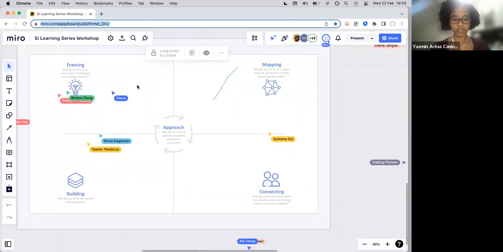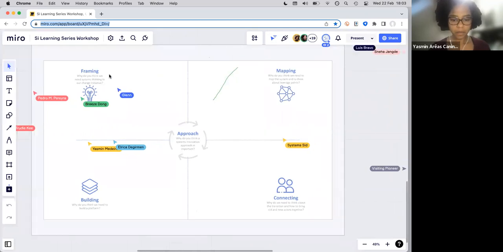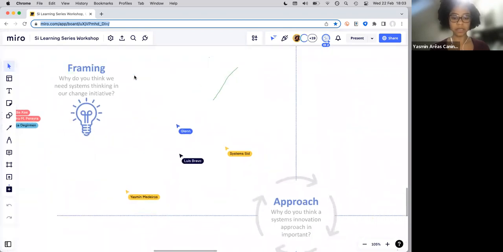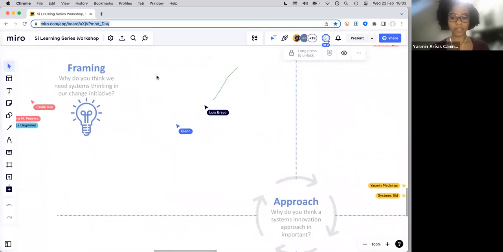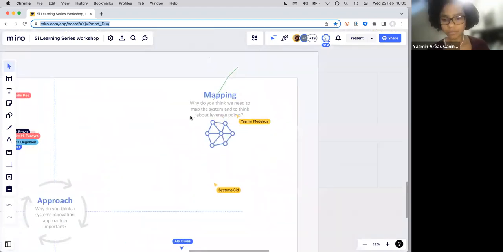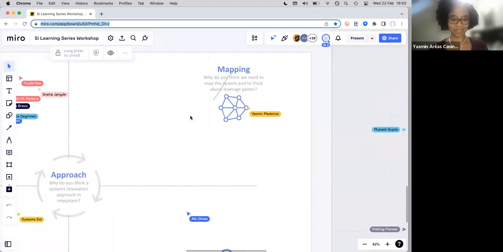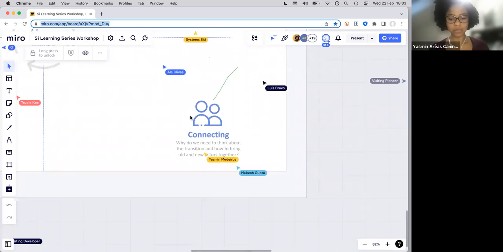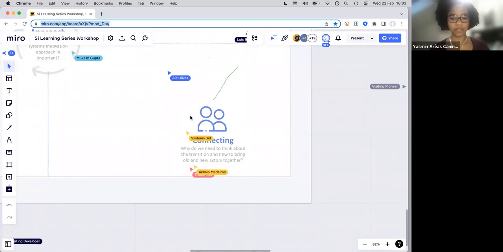So the first question is going to be, why do you think we need systems thinking in our change initiative? The second question, why do you think we need to map the systems and to think about leverage points? The third question, why do we need to think about the transition and how to bring old and new actors together?